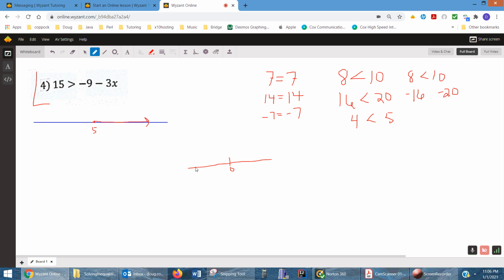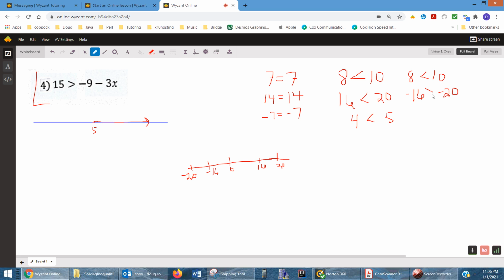Here's 0. Here's -20. Here's -16. But over here, 16 is less than 20. So when you multiply by a negative number, the order of the new numbers reverses direction.